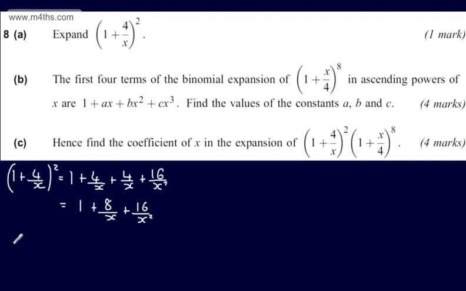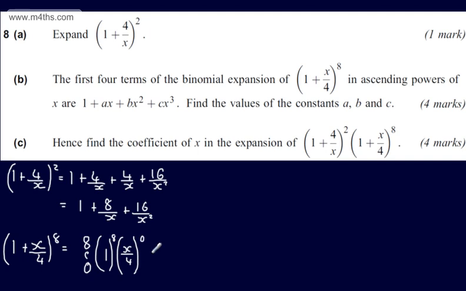I'm going to use the nCr method, and I'm going to write out that 1 plus x over 4 to the power of 8 will be equal to 8c0. We will have 1 to the power of 8, and then we will have x over 4 to the power of 0, plus 8c1.